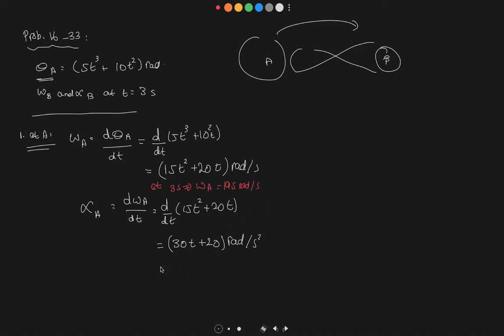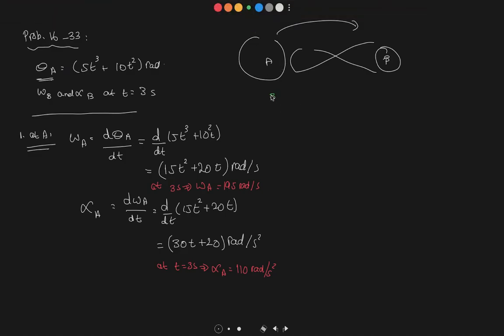And at t equals 3 seconds, alpha at pulley A is equal to 30 multiplied by 3 plus 20. So this is 110 radians per second squared.